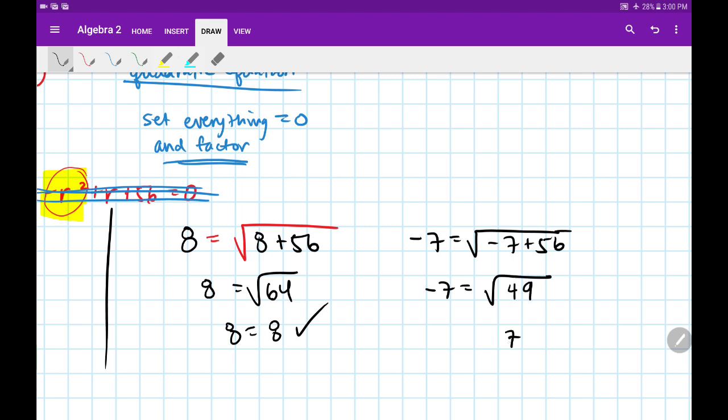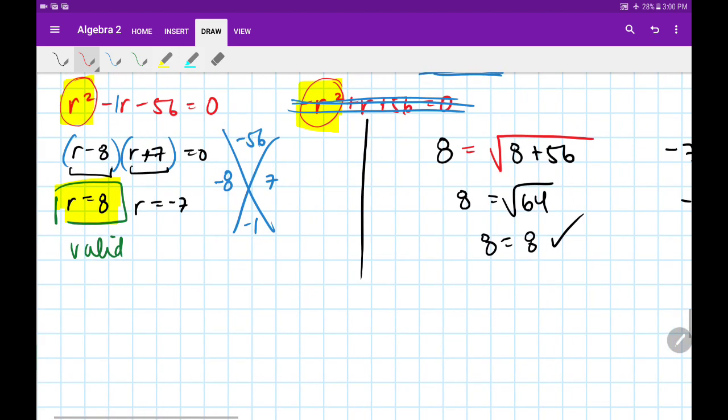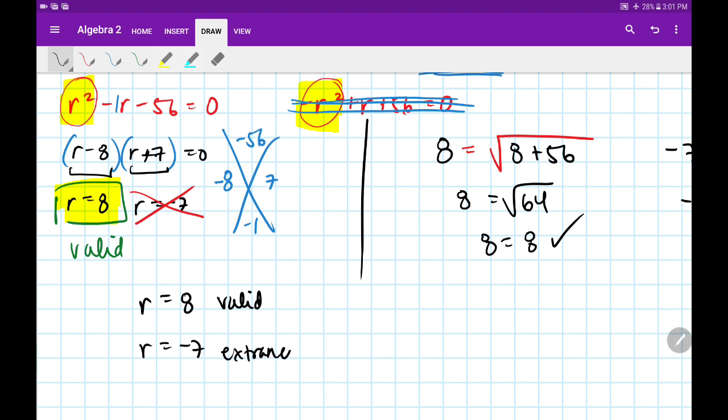The square root of 49 is 7. And negative 7 is not equal to positive 7. So that makes this an extraneous solution. So in your homework, you're going to write r equals 8, valid, and then r equals negative 7, extraneous.